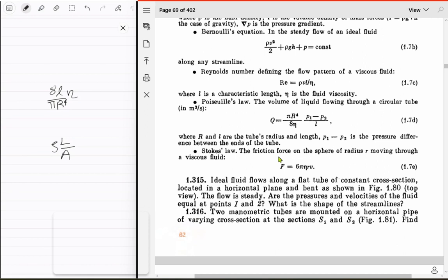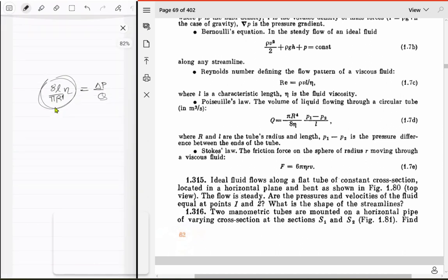In this case, though, you have r power 4 over there, so you can't use this, right? You should actually have like maybe rho L upon A square, but the main thing is that this is the resistance. It is actually defined as delta P upon Q, and its value is this thing. Okay, cool.